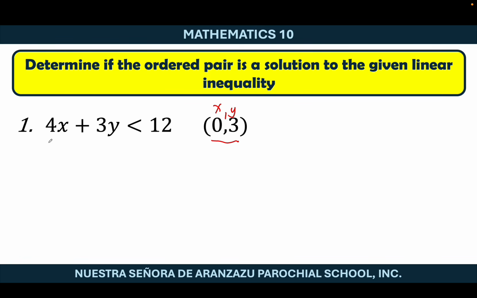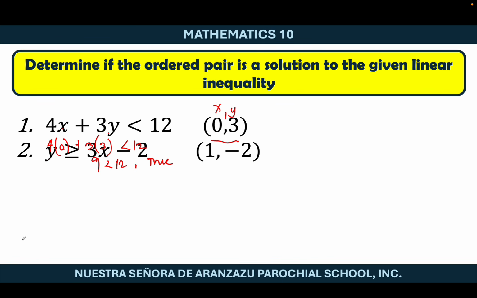All we have to do is substitute these points into the inequality. That is 4 times 0 plus 3 times 3 less than 12. So 4 times 0 is 0, 3 times 3 is 9. Is 9 less than 12 true or false? That is true.